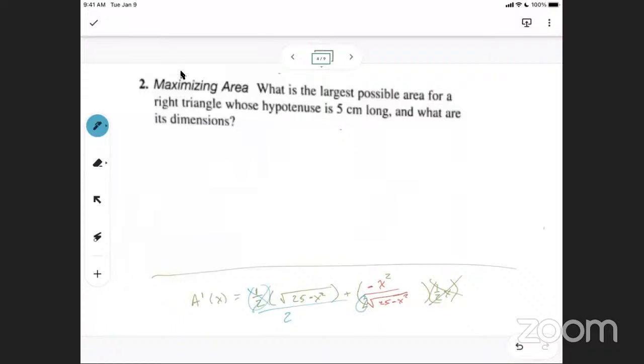So I'm just going to multiply this by the root of 25 minus x squared on the bottom and the top, so that I get a common denominator. Follow what I did there? I'm just going to keep doing it. You stop me if I'm losing you, okay?